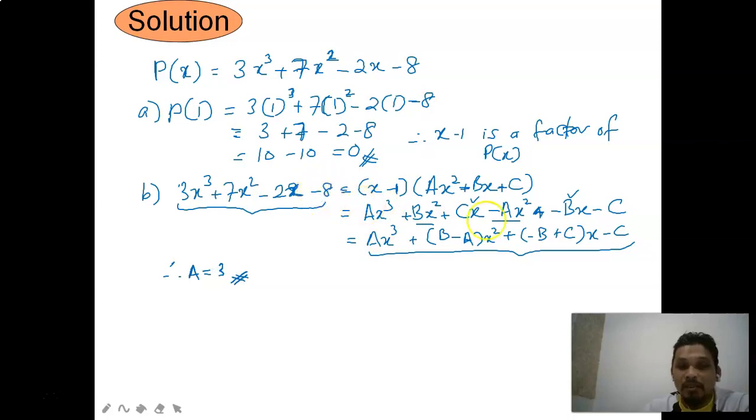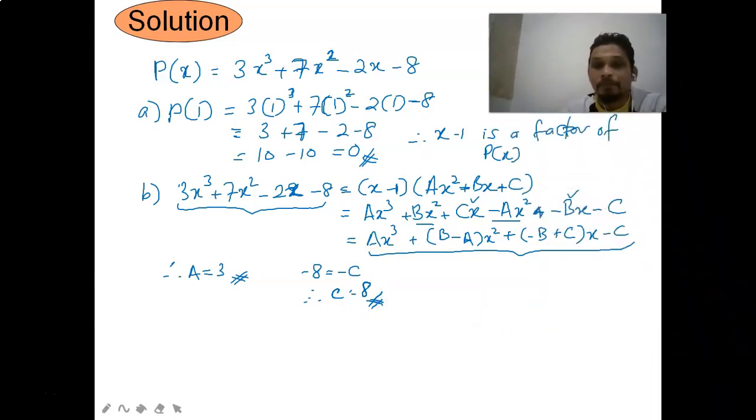Negative 8 matches negative c, so negative 8 equals negative c, then c equals 8. Next, look at the coefficient of x squared: b minus a, where a equals 3, equals the coefficient of x squared, which is 7.